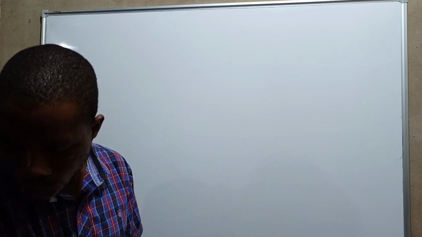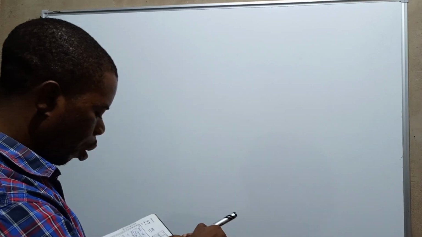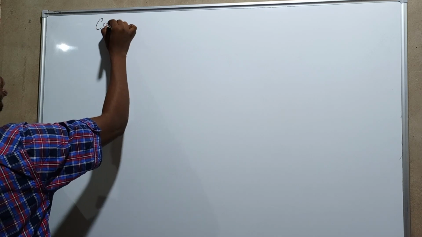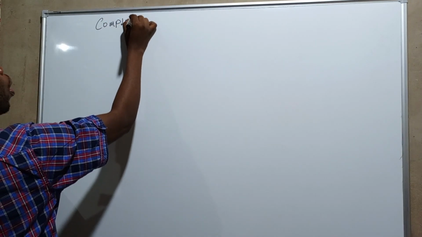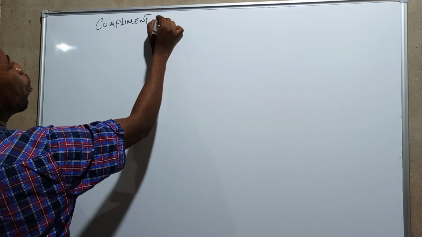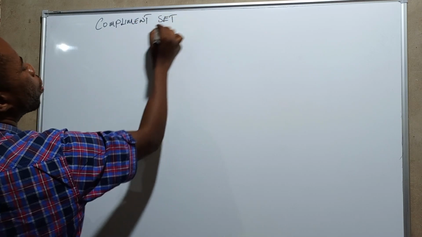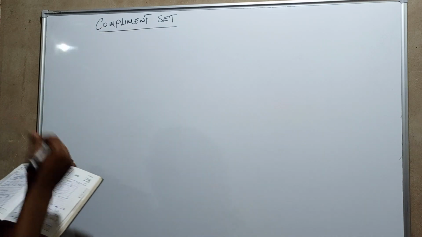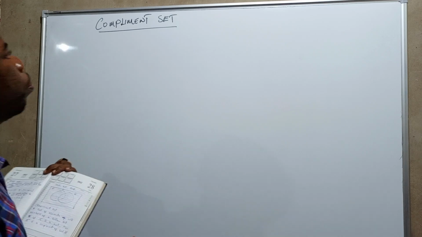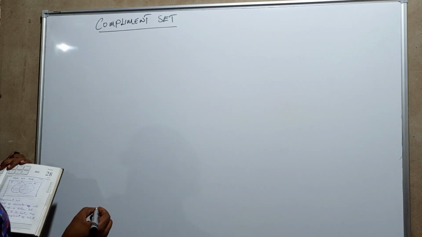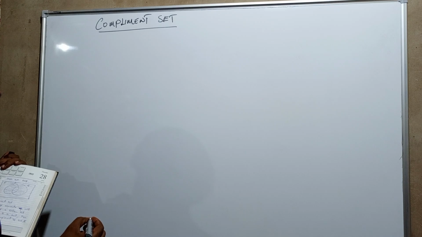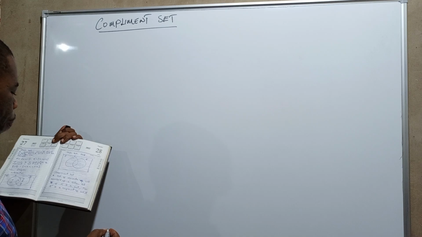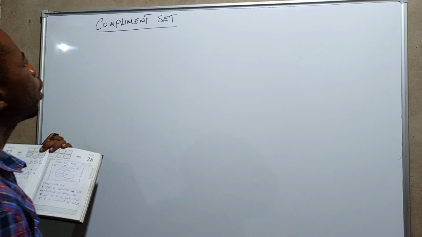Yeah, so let's look at complement set. A complement set is a set of elements not members of a set under consideration.